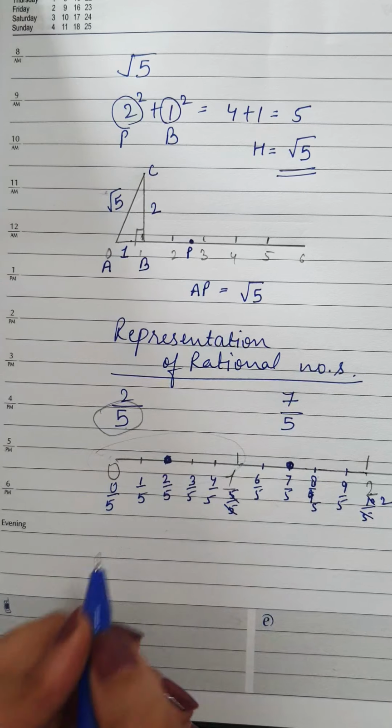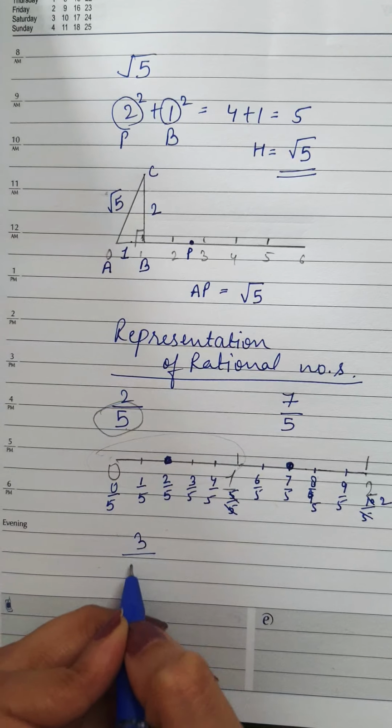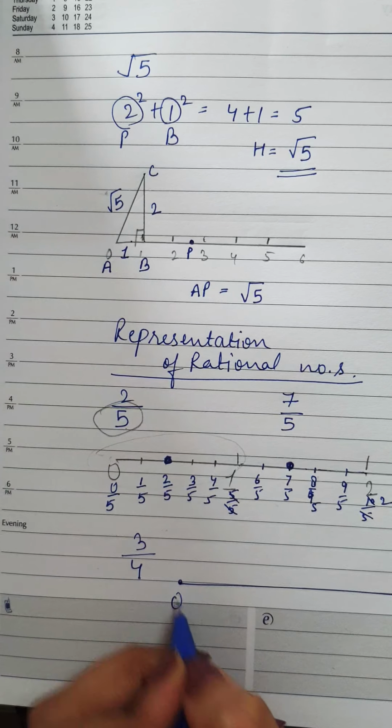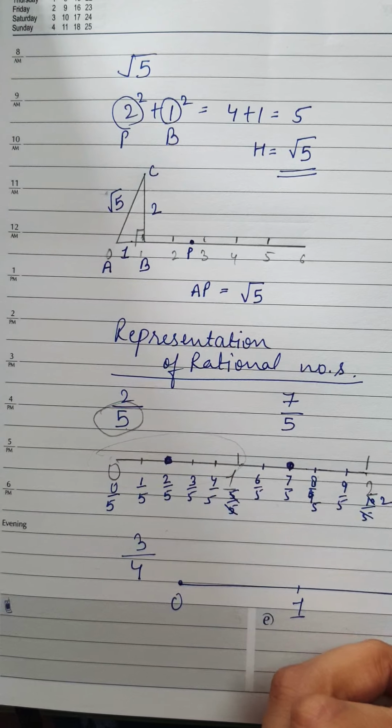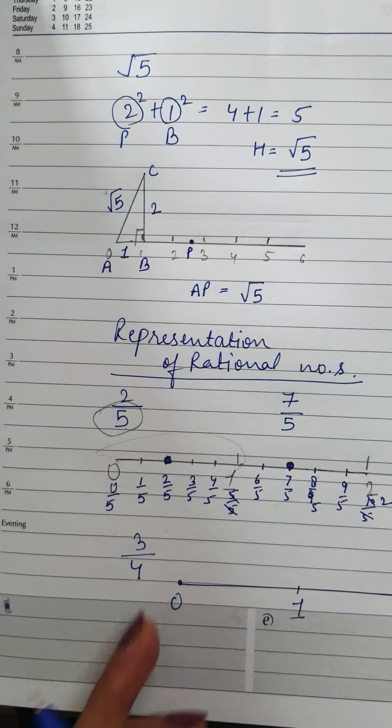Alright, now suppose if I have the number say 3 by 4. So in a number line, suppose this is 0, 1, 2, I will divide this particular compartment into 4 equal parts.